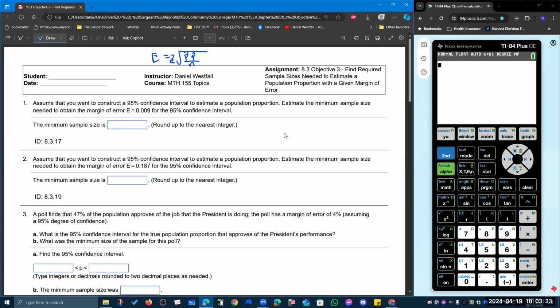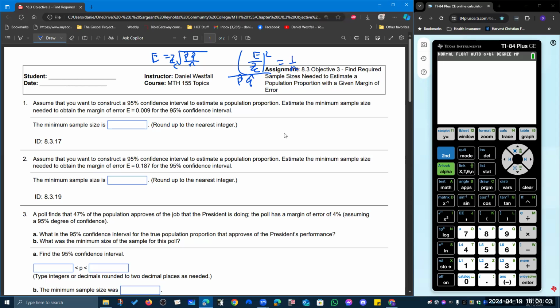So we're going to say that E divided by z, and then square that, equals p hat q hat over n.